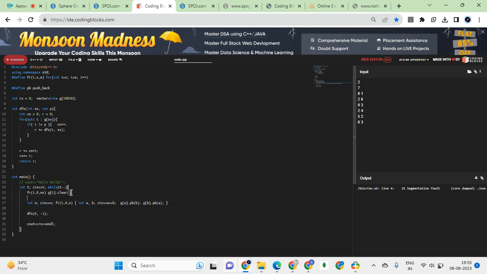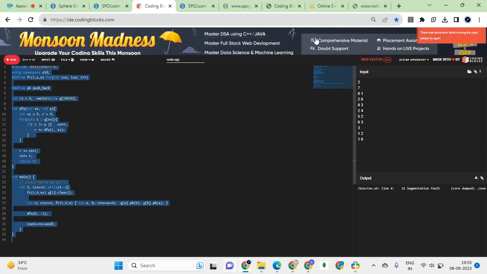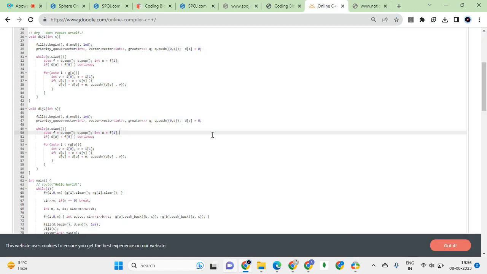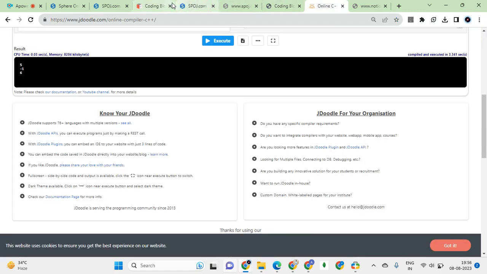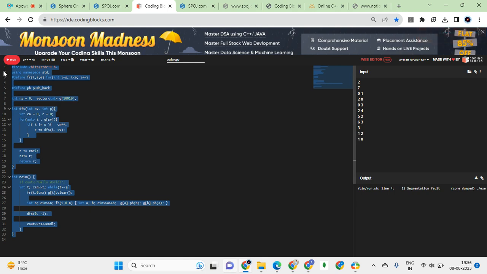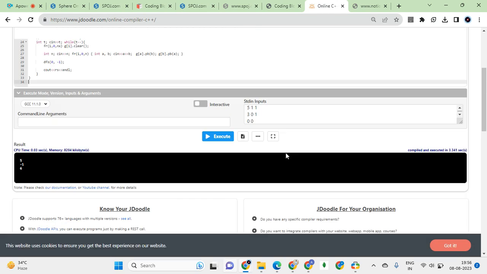Not clear, right? Why is it not running, man? Let's go to Zoodle. Some error in running code. That's a different error. Internet error or what? Less battery, that also causes some error.